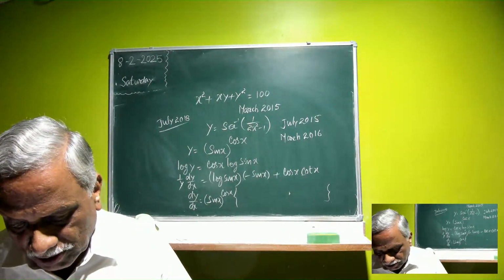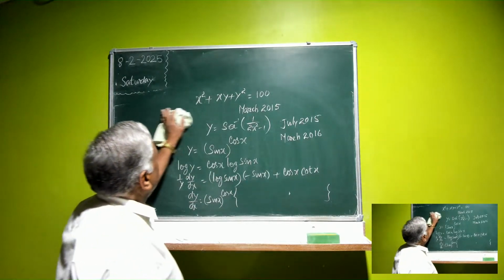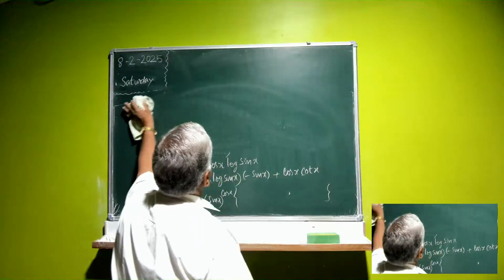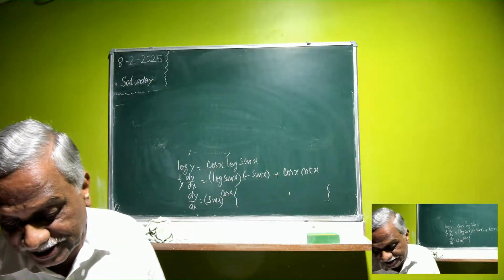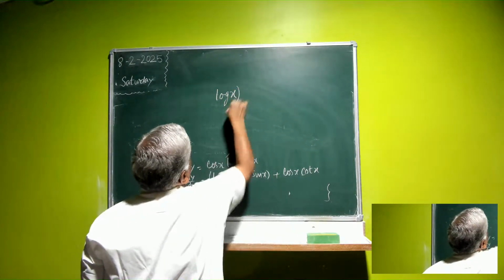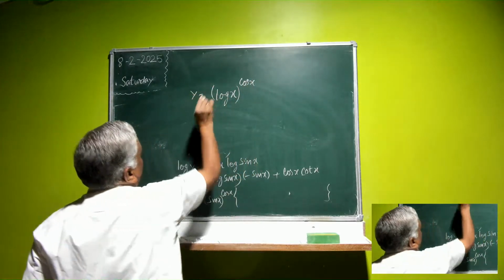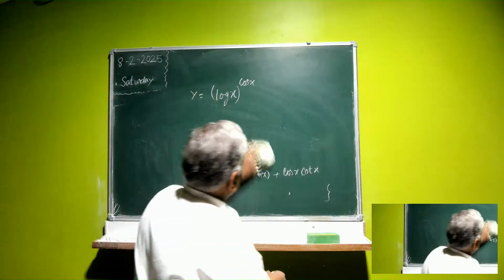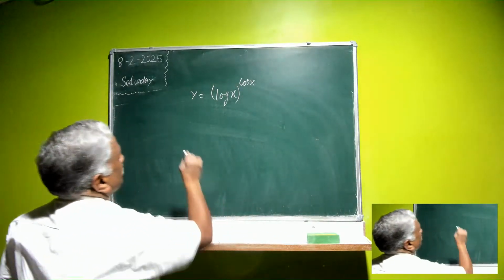Now we shall move on to March 2019. It's almost identical problem. There is minor change. What is the minor change? You should see. The problem given is differentiate log x to the power of cos x. So you have to call the problem as y. This is log x to the power of cos x. What happens?